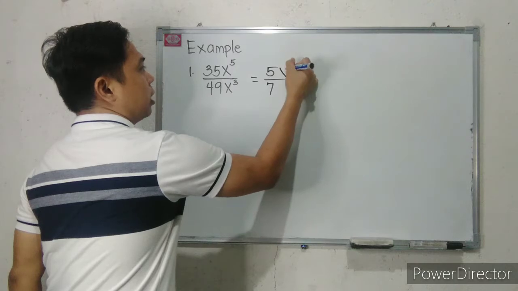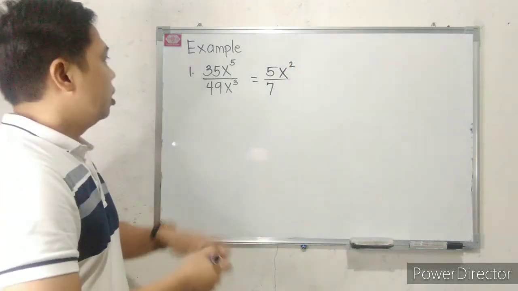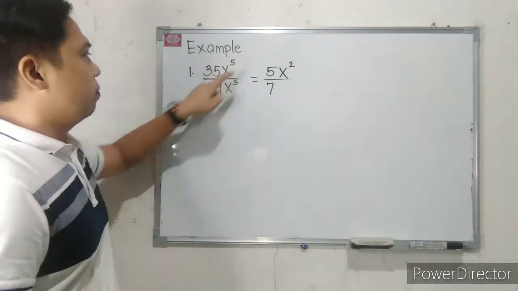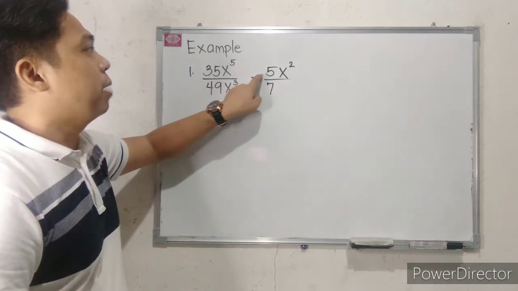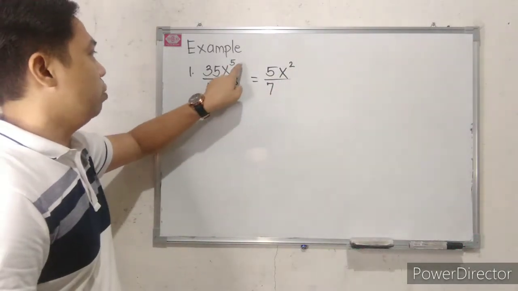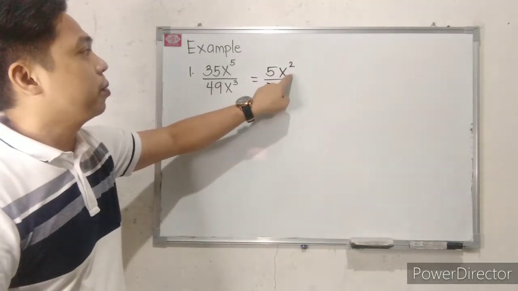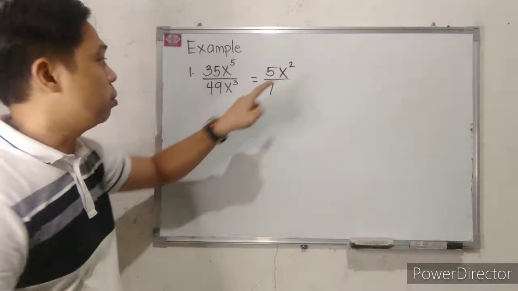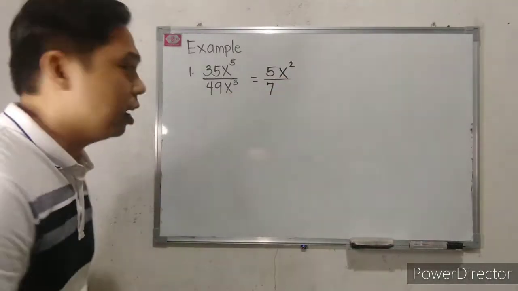So that will be x squared. So 35x to the fifth over 49x cubed is equal to 5x squared over 7, because x to the fifth divided by x cubed is equal to x squared. So the x cubed in the denominator disappears. So that's how it is, class.